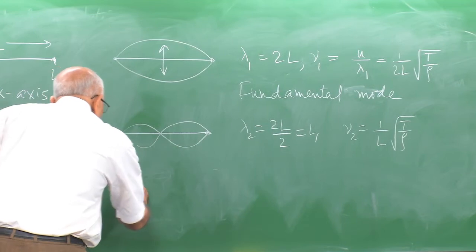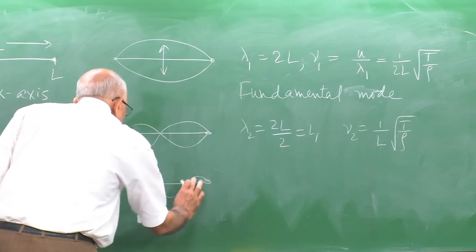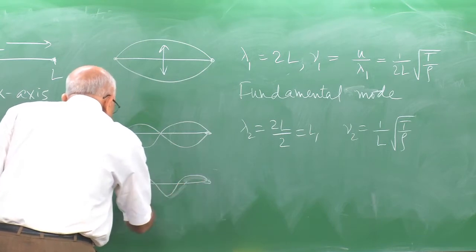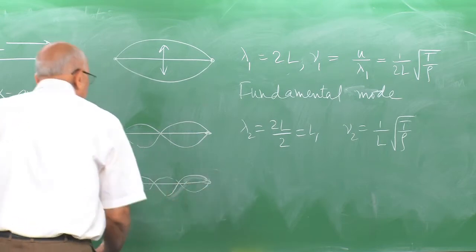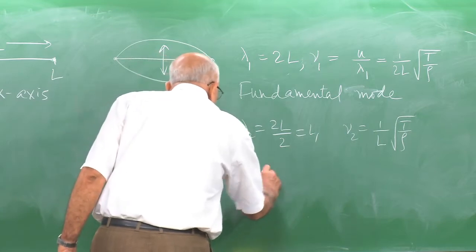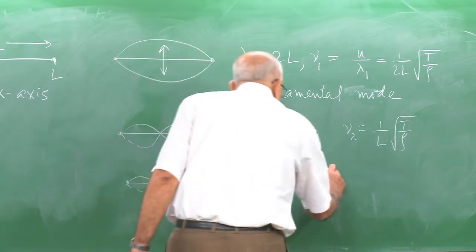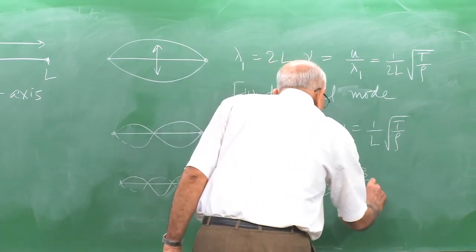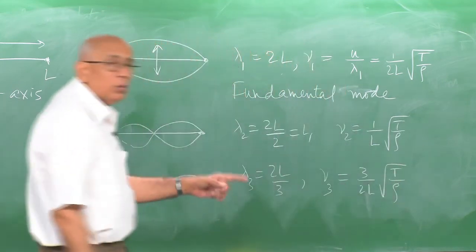And the next harmonic would correspond to something which looks like this. Not drawing this too well, but this would correspond to a wavelength of 2L over 3. So, lambda 3 equals 2L over 3 and nu 3 equals 3 over 2L root T over rho. And this series goes on forever.